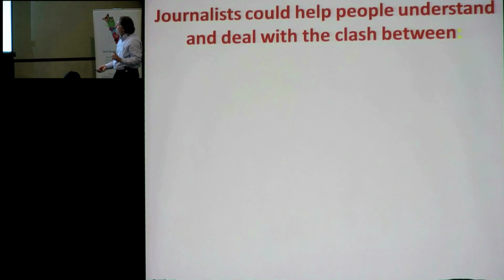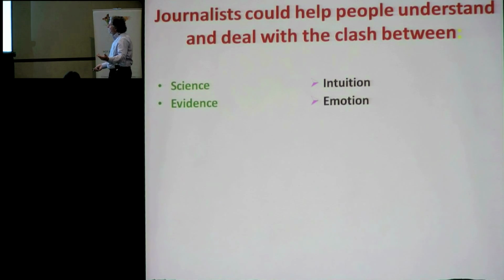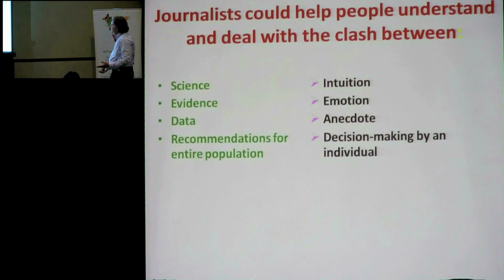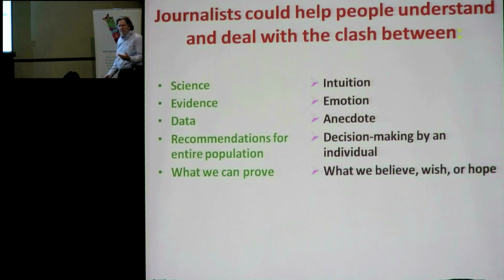Journalists could help people understand and deal with the clash between science and intuition, between evidence and emotion, between data and anecdote. The plural of anecdote is not data. Between recommendations for the entire population and decision-making by an individual. The difference between what we can prove and what we believe, what we wish, or what we hope.